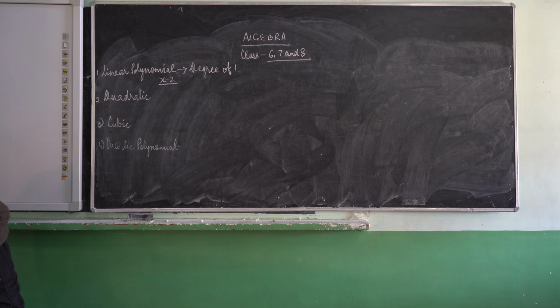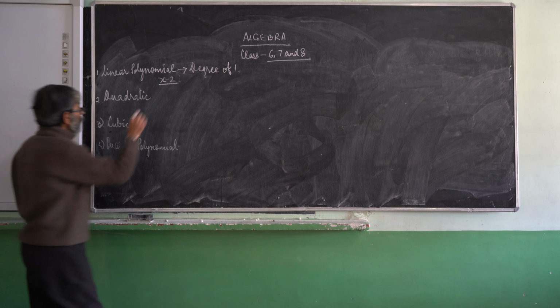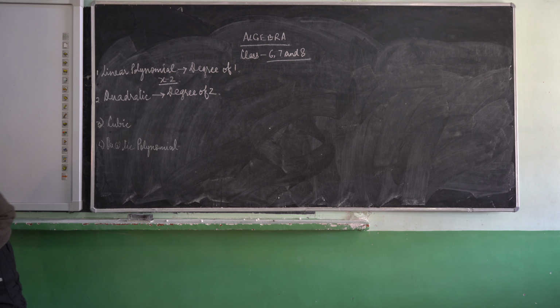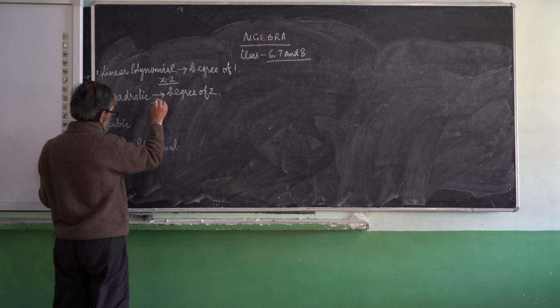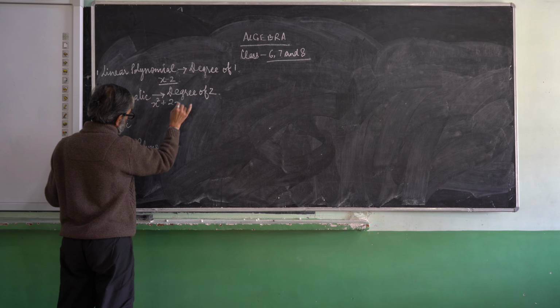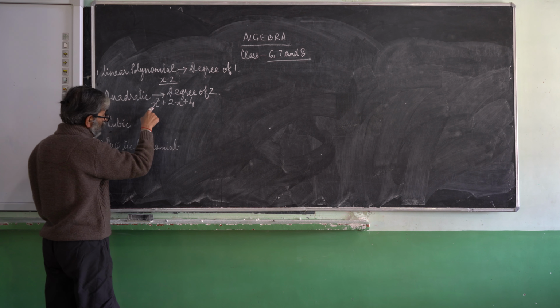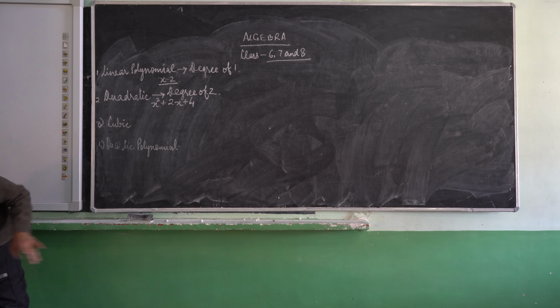Then quadratic polynomial, it has the degree of 2. Example, I can take x squared plus 2x plus 4. Over here the variable is x, and the degree is 2. What is the degree of the polynomial?